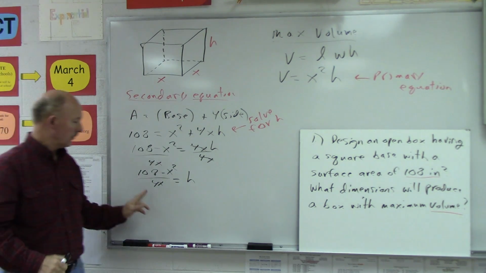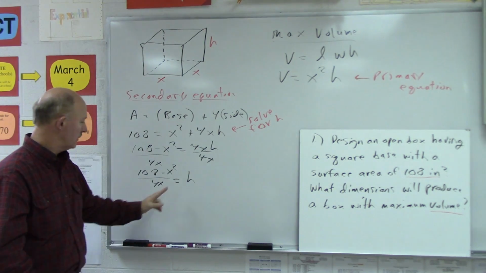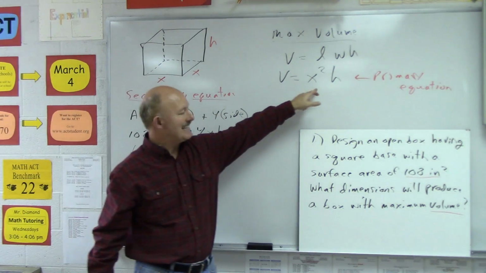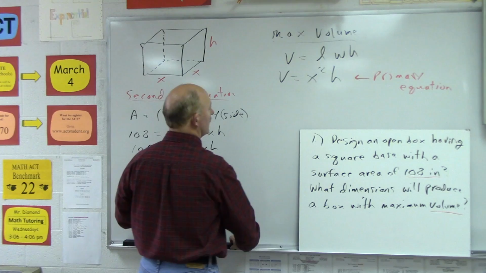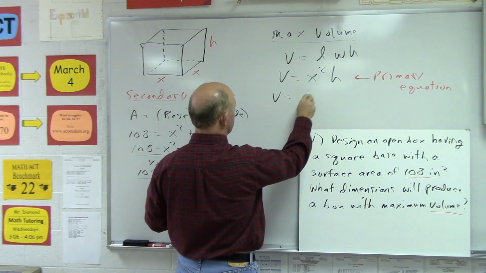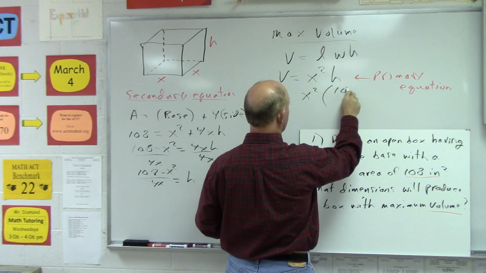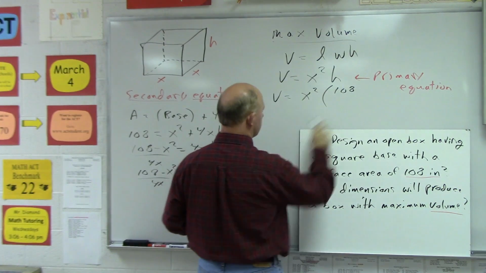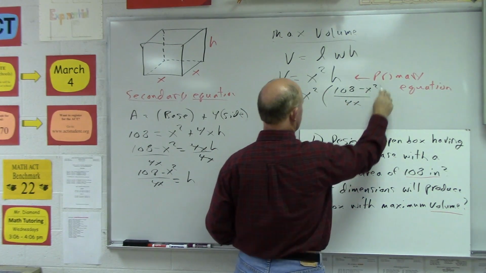All right. Now, having solved this for h, we're going to use substitution. We're going to substitute this expression from our secondary equation into our primary equation. As we substitute this in, our volume formula becomes x squared times 108 minus x squared, divided by 4x.